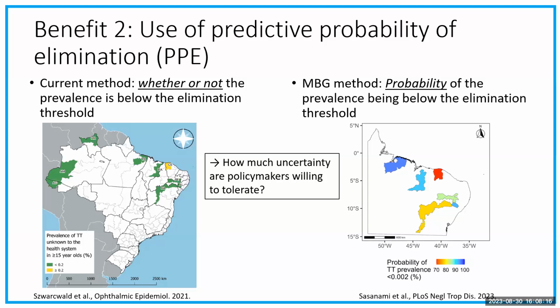However, this does not tell you anything about uncertainty about such classification. So instead, if we look at the probability of elimination produced by MBG on the right map, in the area with the red color, the probability of elimination is around 70%. This can facilitate the discussion of whether that is a tolerable uncertainty level for the policymakers.